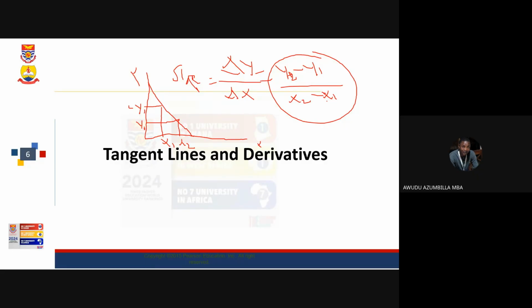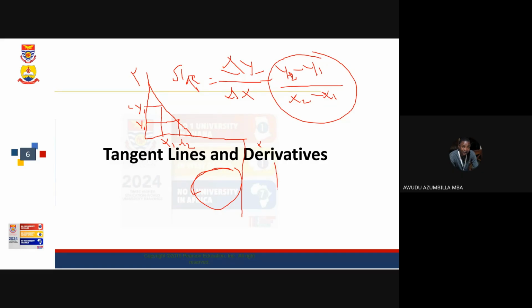But how do you find the slope of a circle? Or how do you find the slope of a tangent line? For example, you draw a circle, and then this line touches the surface of the circle. This is a tangent line.